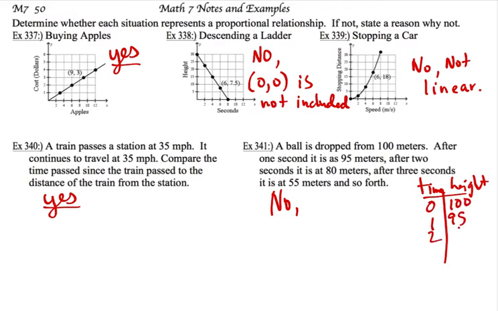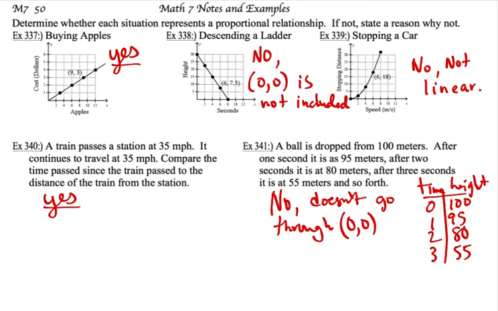After 2 seconds, it's at 80. After 3 seconds, it's at 55. So this is not only not going through the origin, it's also not linear. It doesn't go through 0, 0. And it's not linear.